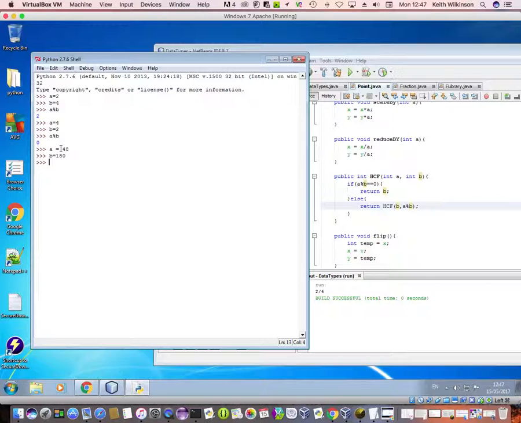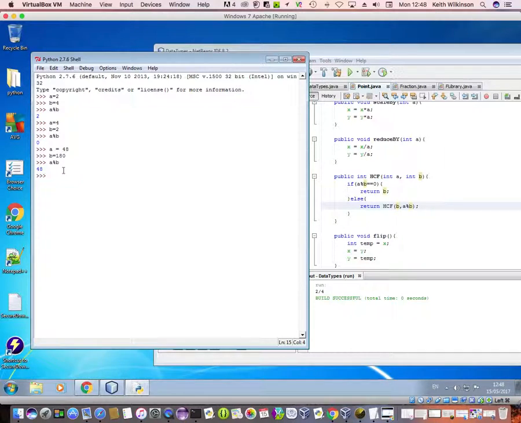Now this is going to go through a few iterations, so let's see if we can make some sense out of what's going on. So the first thing that I do is take A mod B, which gives me 48. It isn't 0, so I'm going to swap around.